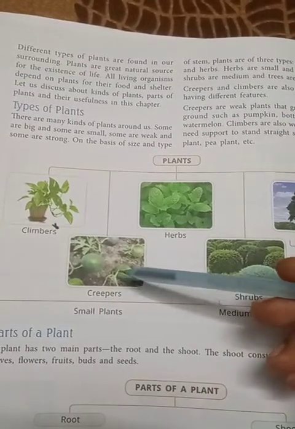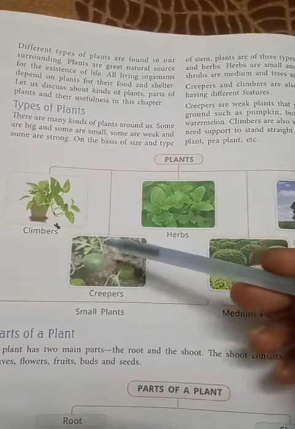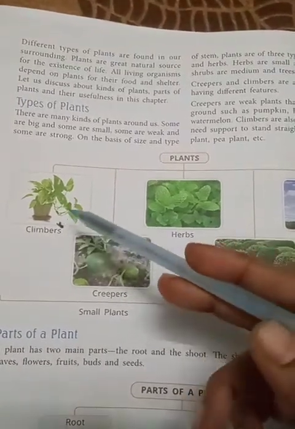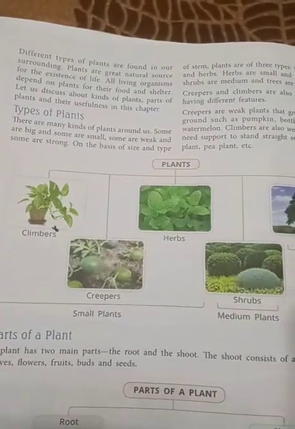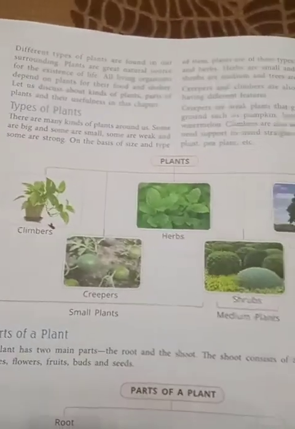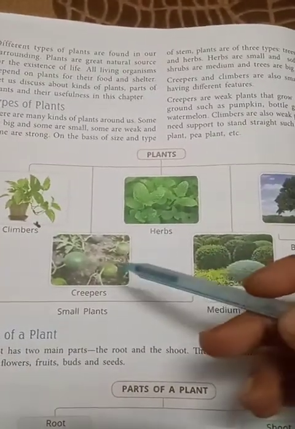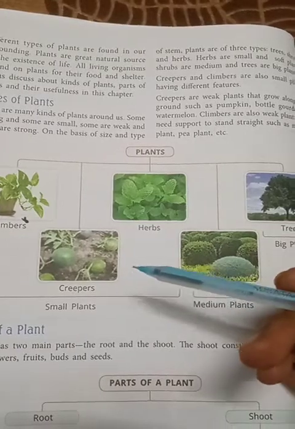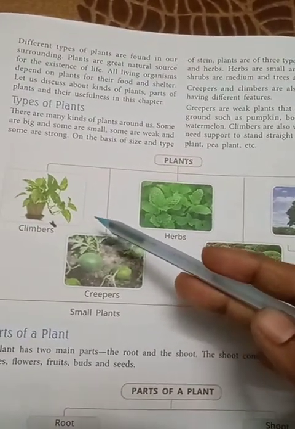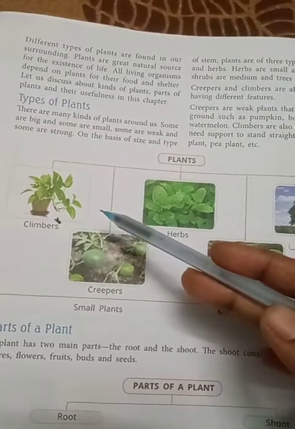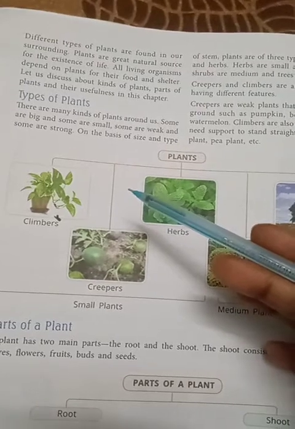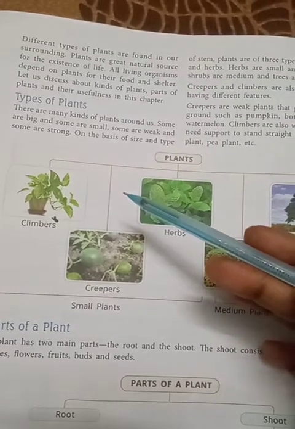Creepers and climbers are also types of plants, but creepers and climbers are weak plants. The stem of a creeper is very smooth, so these grow along the ground, such as pumpkin, bottle gourd and watermelon. Climbers are also weak plants, and they need support to stand straight. देखो इन अपने घर में कुछ climbers रहते जैसे कि मनी plants है.